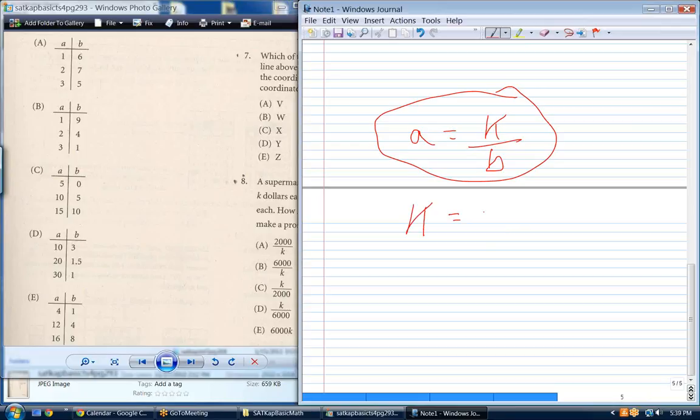From the general formula, that constant, which stays the same, is always A times B no matter which row we're on. So which one of these represents the inverse proportional? B. Well, what's A times B in this row?